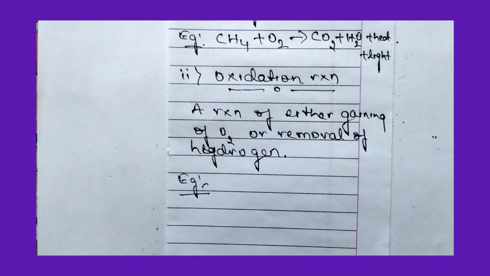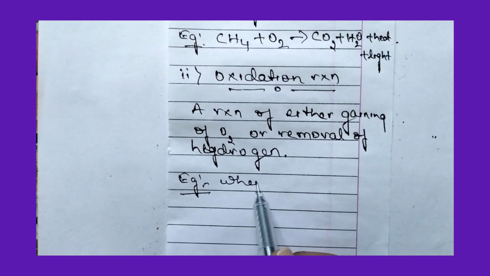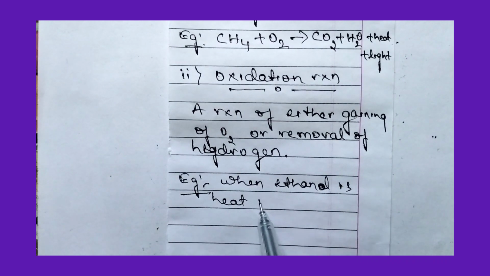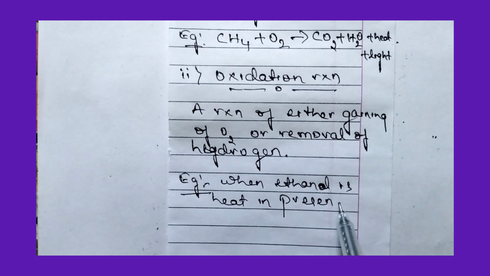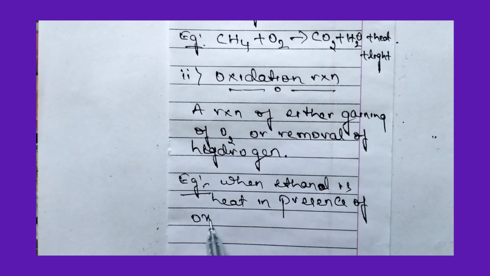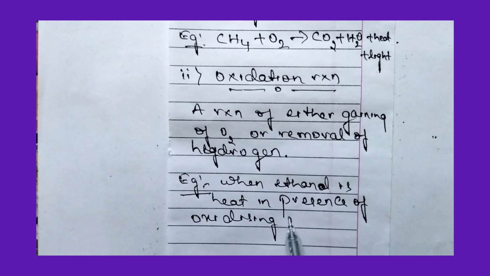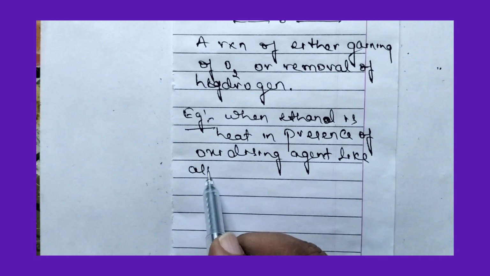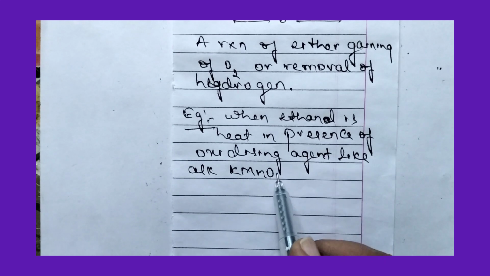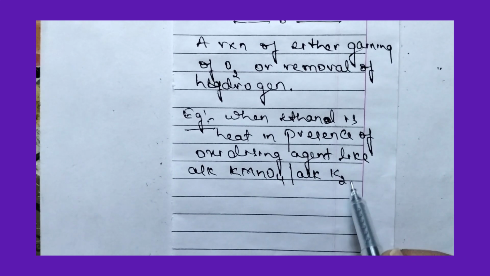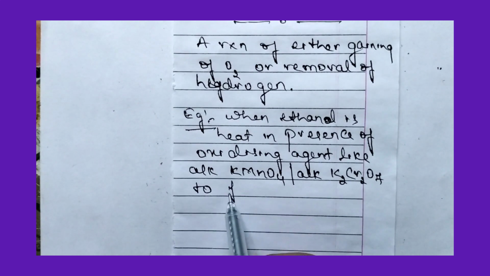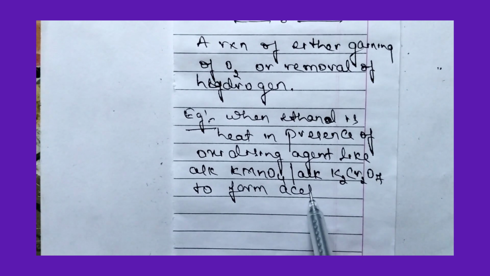The example for oxidation reaction is, when ethanol is heated in presence of oxidizing agents like alkaline potassium permanganate or alkaline potassium dichromate, to form acetic acid.